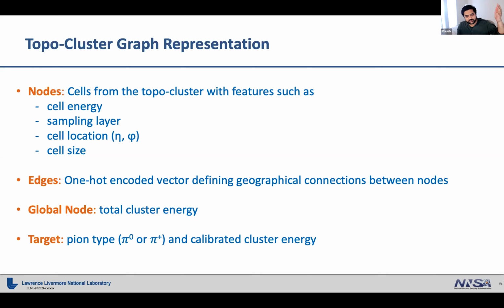And similar to the previous image representation, our target was a classification target. Which type of pion is it? Is it a neutral pion or a charged pion? And the other target was what is the energy deposited in the cluster. So that's how the graph representation was created for the data.